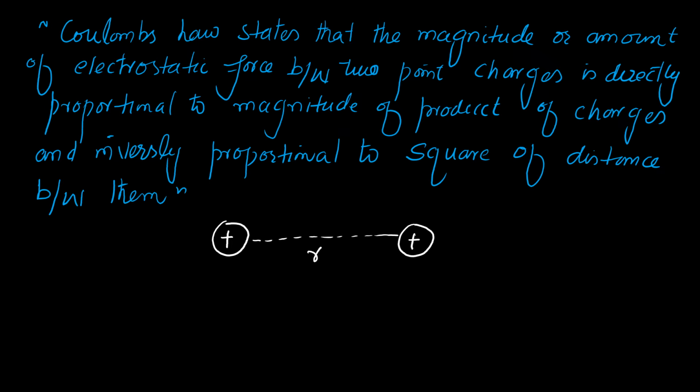Suppose the magnitude of positive charge 1 is q1, and the magnitude of positive charge 2 is q2. These charges are separated by a distance r, and they are at a static, rest position.